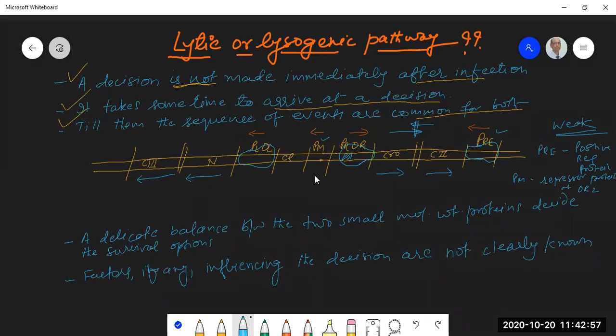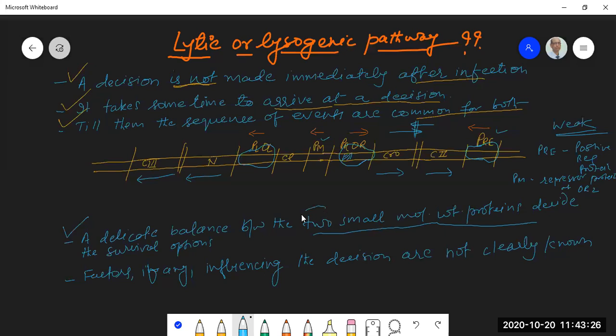Okay, so you can understand there's a lot of intricacies. The two pathways, the lytic pathway and lysogenic pathway, if you remember my original statement which I made in the first lecture on this particular topic, are interlocked. So these are the interlocking points. What decides a delicate balance between the two small molecular weight proteins?